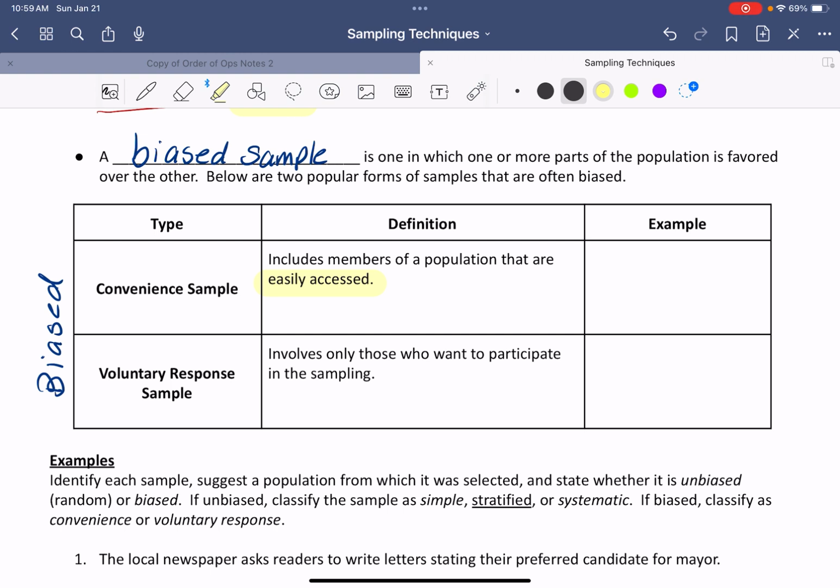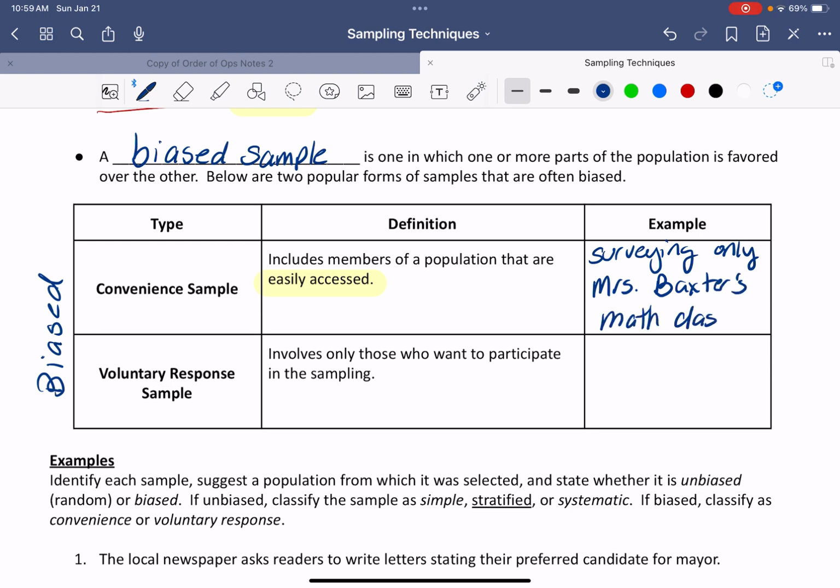So when I put my data out, it's going to say that most of the students at Batavia High School do not like math. So an example would be surveying only Mrs. Baxter's math class, instead of randomly choosing out of a hat different students at Batavia.